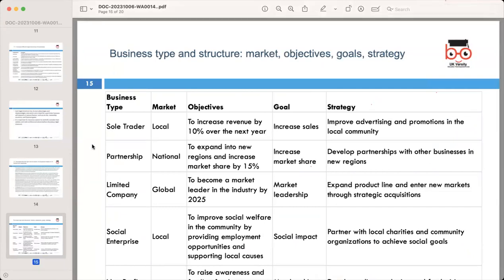Okay, so again, business types and structure in relation to market and objectives. Sole traders typically have a local market focus, serving customers within their immediate geographical area. Their reach extends to the local community, town, or neighborhood where their business is located.